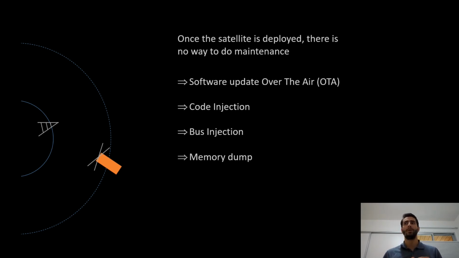There is a part of the code that will do the update, that will check the chunks of code to verify the CRC is correct, and so on. Whenever you have a full updated version of the firmware on the satellite, you can replace the firmware directly into the code that is executing.